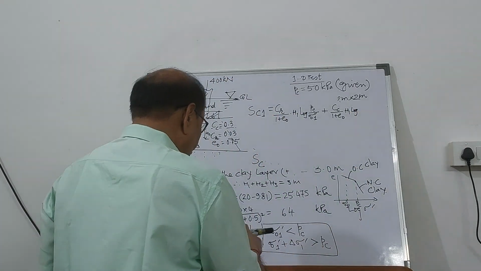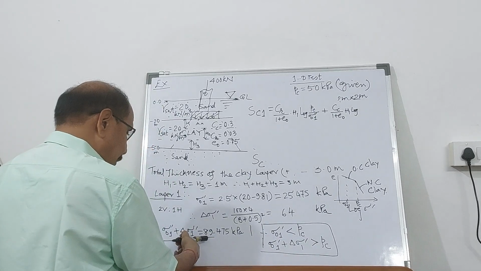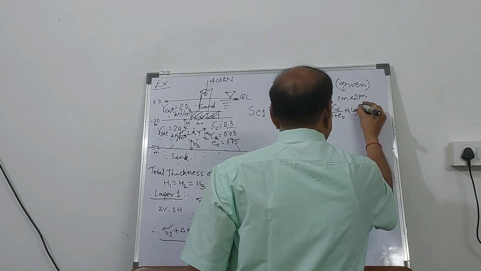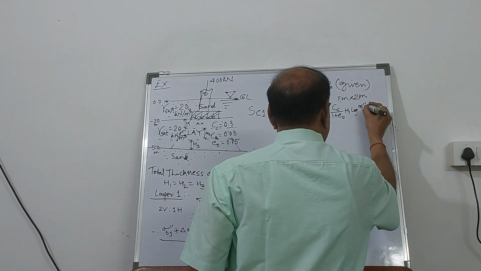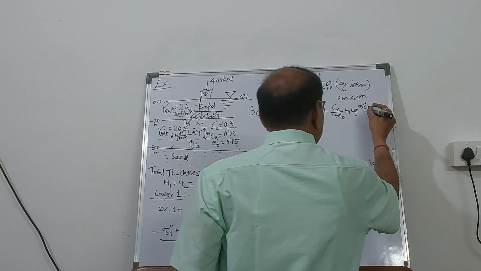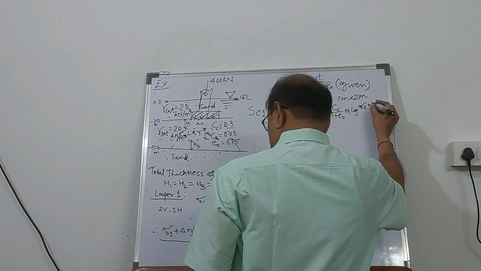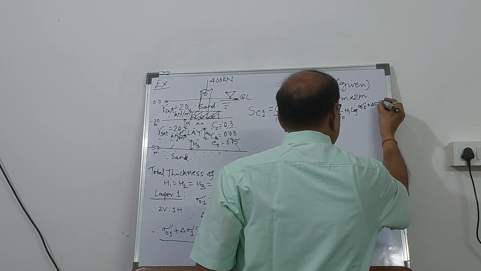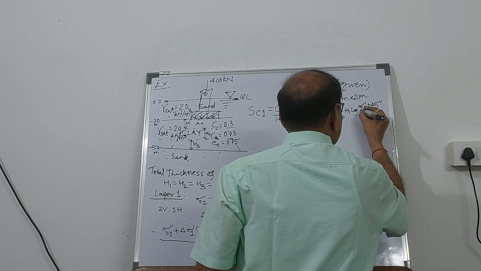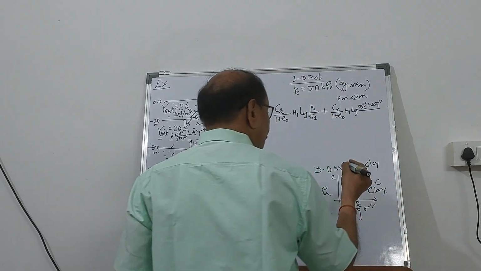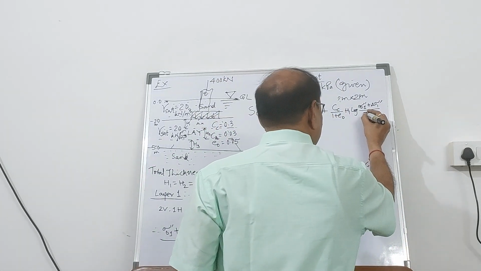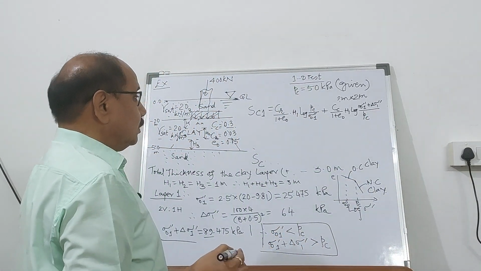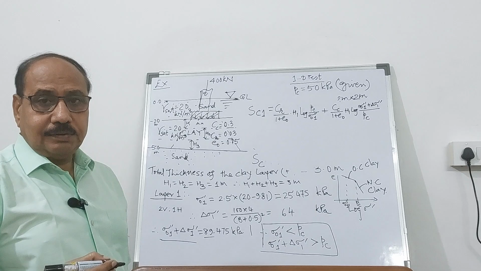Now, what is the greater pressure is 89 point this. So sigma naught prime for layer 1 plus delta sigma 1 prime upon, this is going to be lower pressure, that is PC. So this becomes the formula.